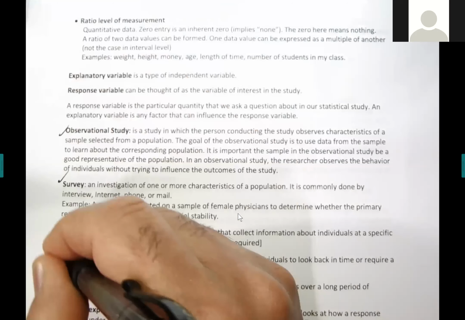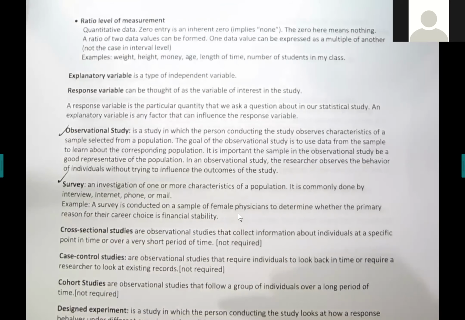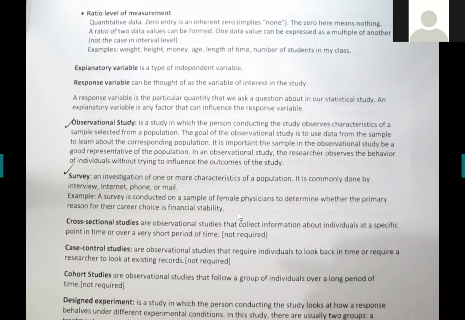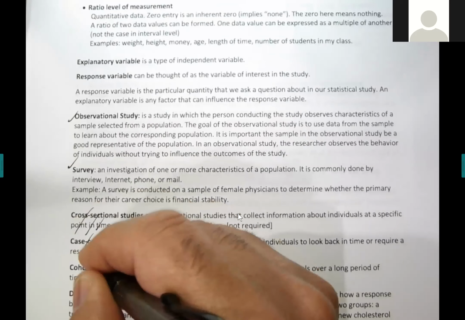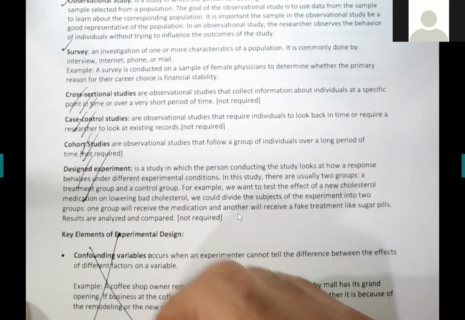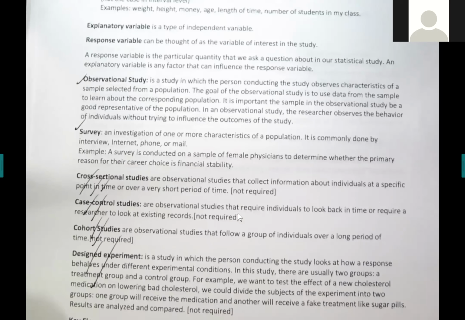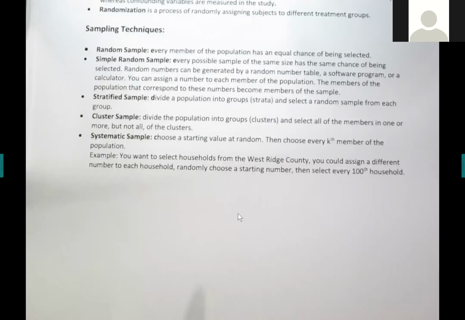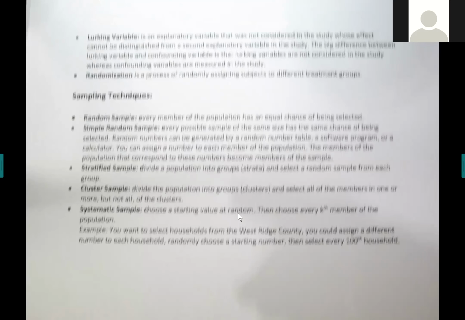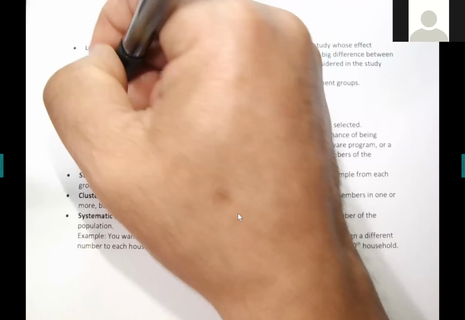observational study, survey. What else? Okay, this you don't have to worry about here. Key elements of the experiment also, that's not required, as I told you. Let me show you what else here. And sampling techniques.